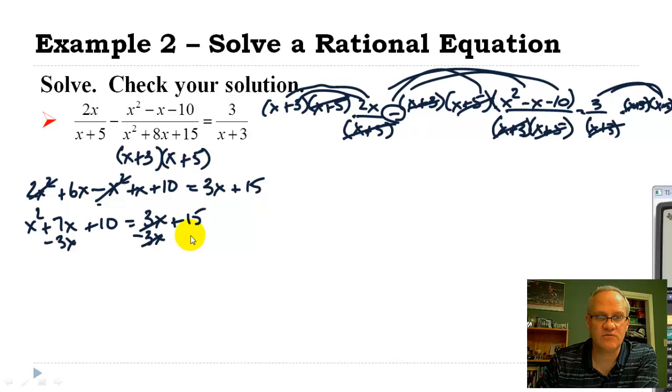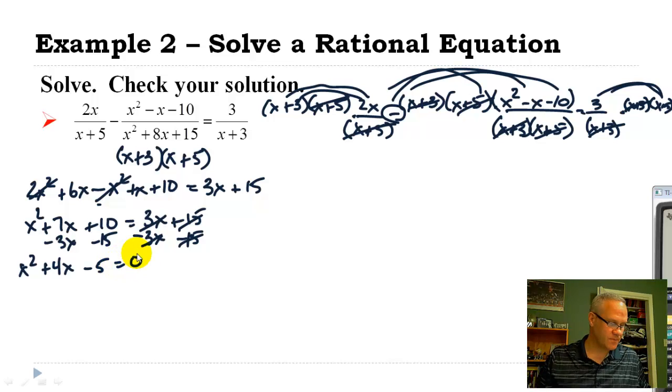And move this 15 over, minus 15, sorry. I think I was thinking ahead on that one. So now what we've got is x squared plus 4x minus 5 equals 0. Right?